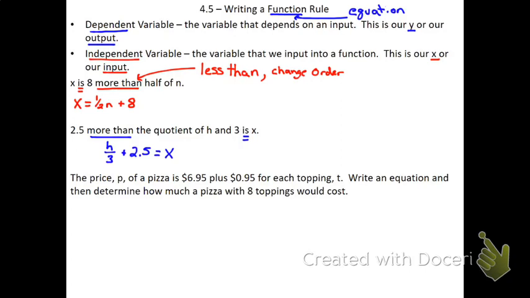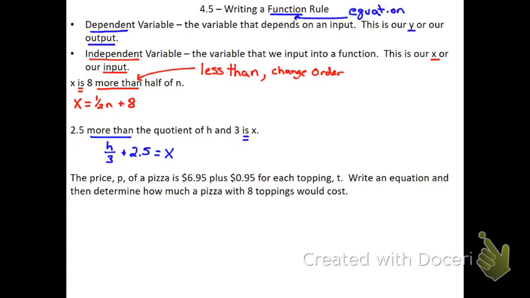For the rest of the notes, we're going to be working on word problems and setting up equations. So for this first word problem, the price P of pizza is $6.95 plus 95 cents for each additional topping. Write an equation and then determine how much a pizza would cost with 8 toppings.